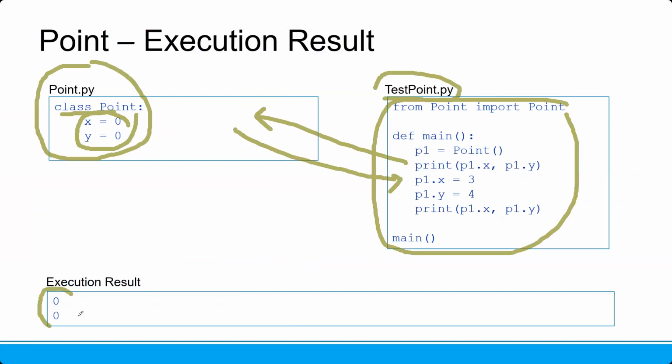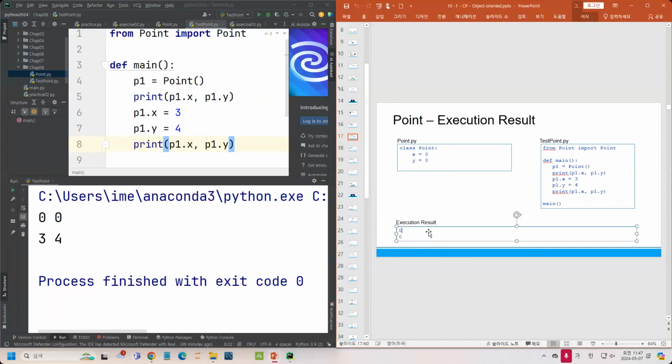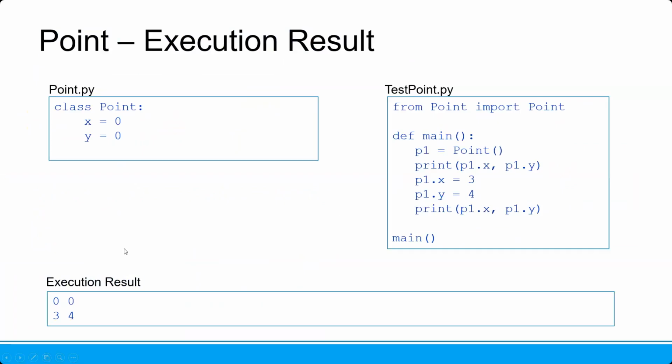So the result is 0 and 0 for the first one, and the next one we have the result as 3 and 4. So this one is 0 and 0, and this one is 3 and 4.